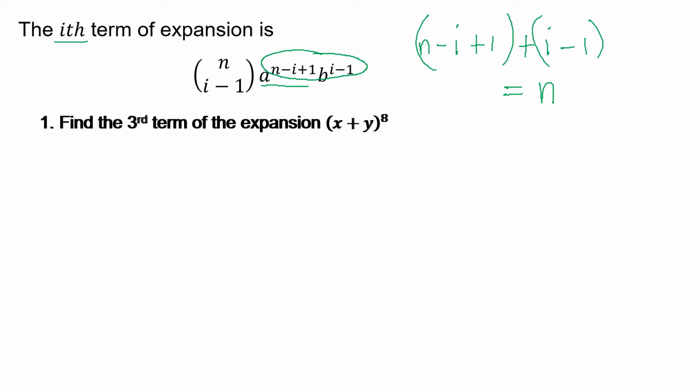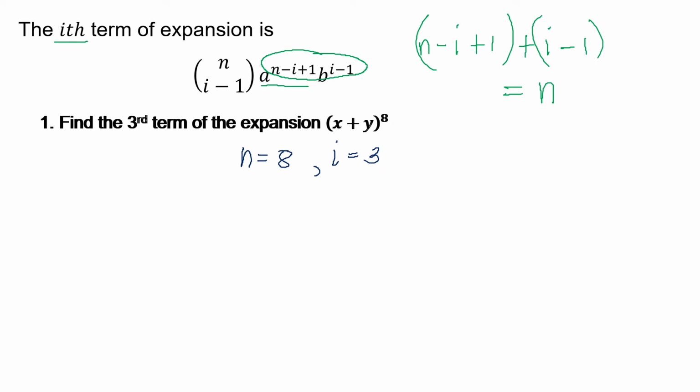So let's try the first example. Find the third term of the expansion of x plus y, the quantity raised to 8. Here, n is equal to 8 and i is equal to 3.